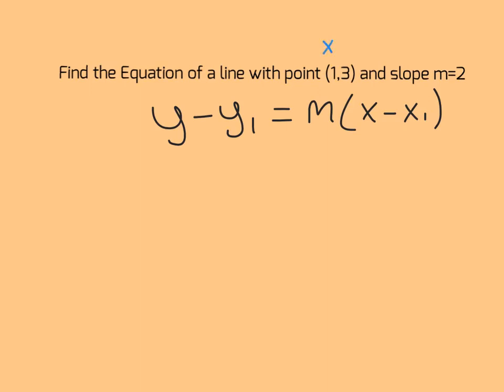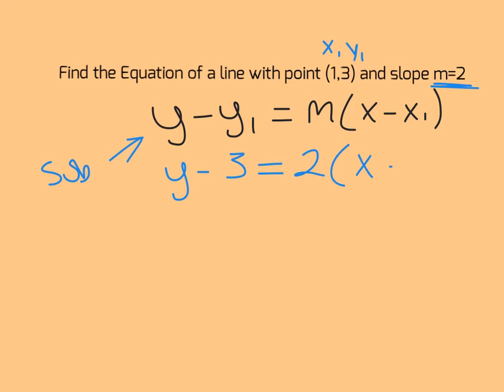Okay, so let's start off by labeling my points, x1, y1. My slope is 2, and now we're going to substitute that into this formula here. So y minus 3 equals 2, x minus 1. I'm going to simplify, so y minus 3 equals 2x minus 2.